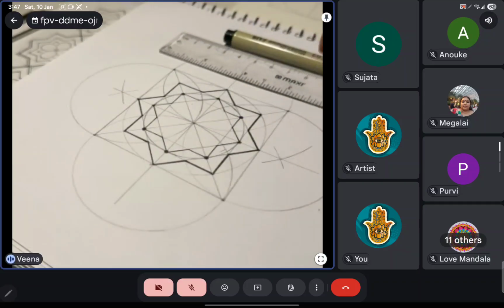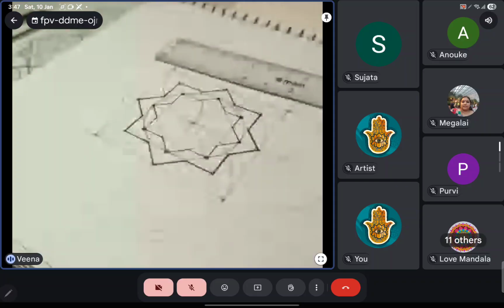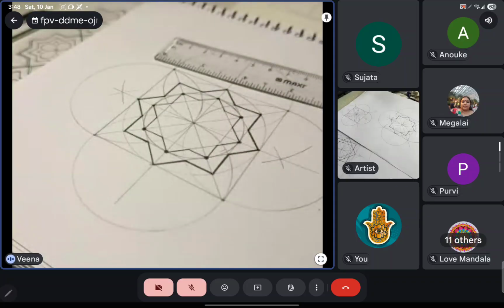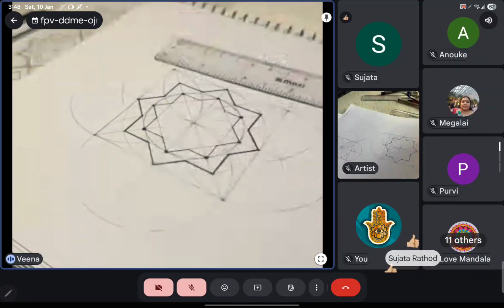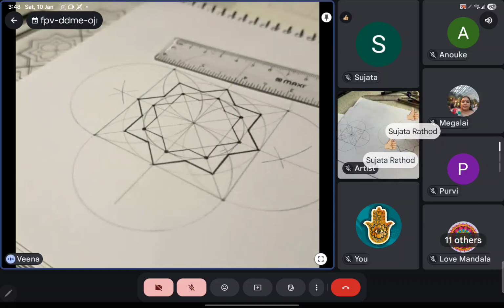Okay, so now let me know if everyone's okay till here. We will learn those small flowers and then we'll get started with the main design.